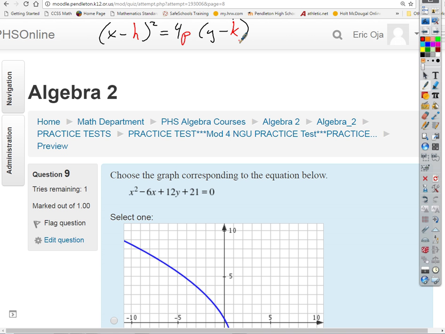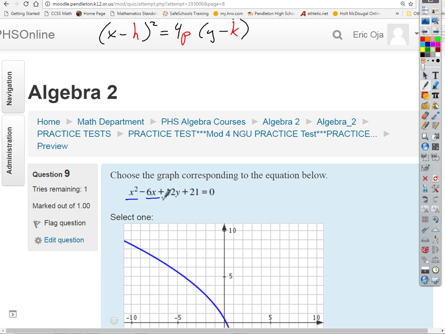All right. So then, what do I have to do to the x's to make it look like that? Here I've just got an x squared minus 6x. That doesn't look like the quantity x minus something squared. What do I have to do? Complete the square. Very good.